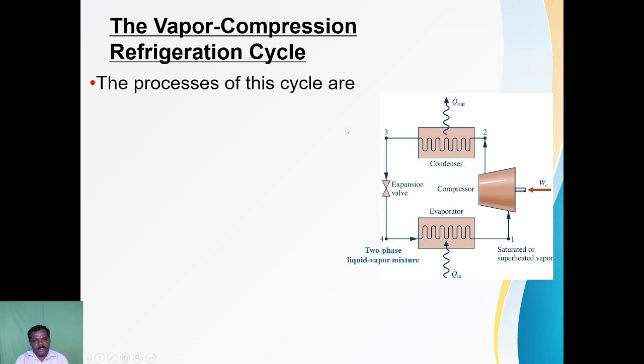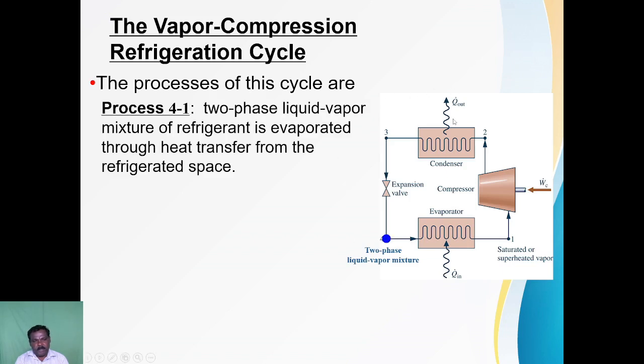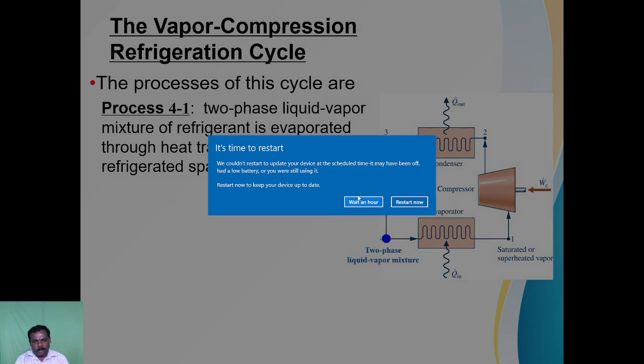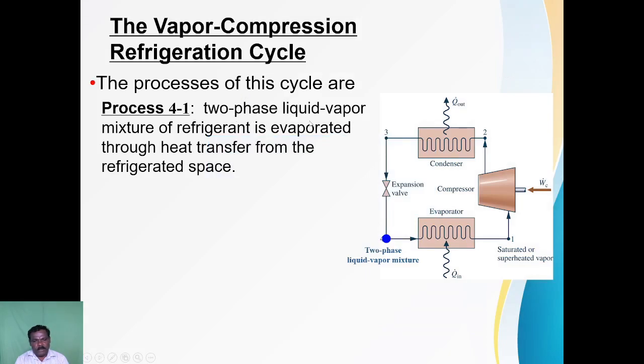This is the vapor compression refrigeration cycle, which I already explained to you. Process 4-1: the two-phase liquid-vapor mixture of refrigerant is evaporated through heat transfer. I have explained these things.